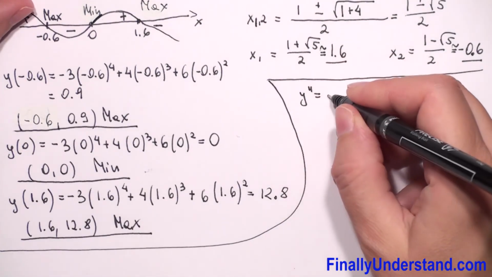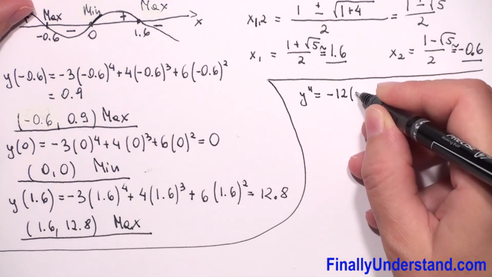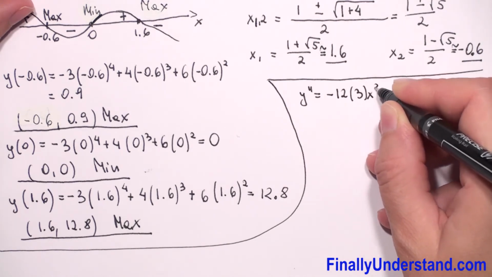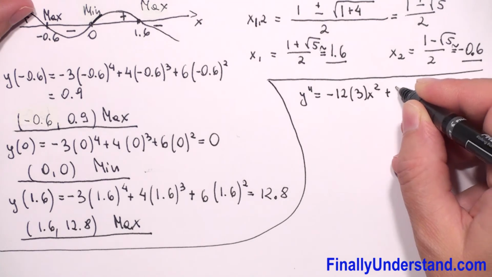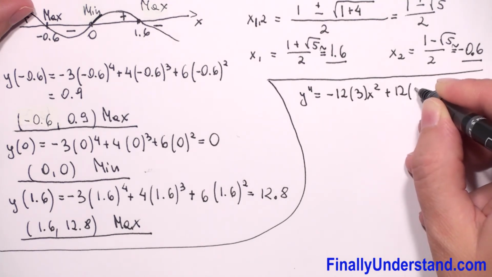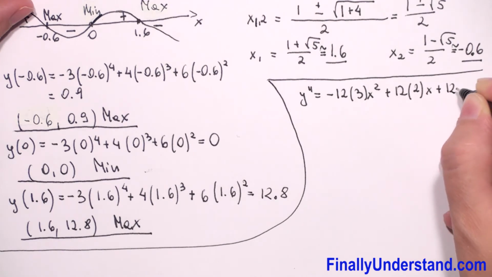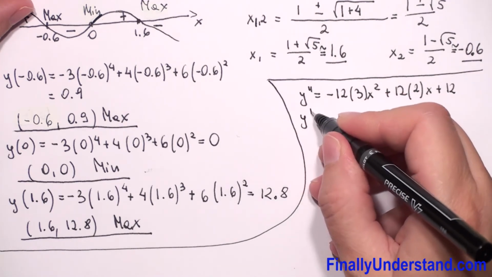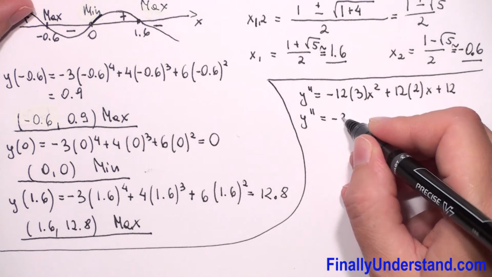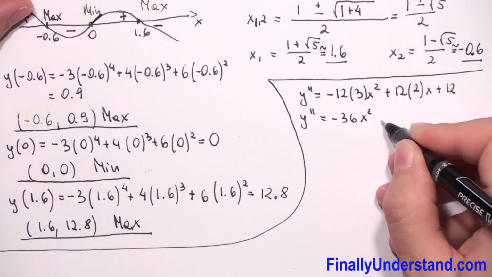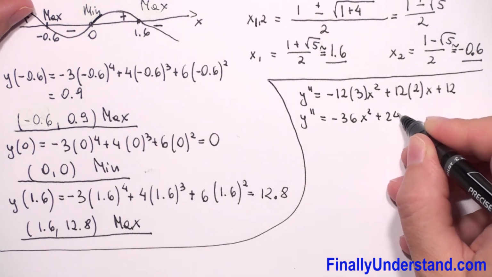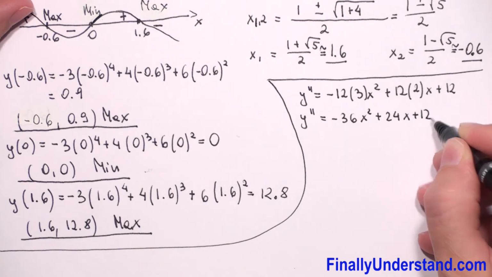So we have negative 12 times 3x squared plus 12 times 2x plus 12. So y'' is equal to negative 36x squared plus 24x plus 12.